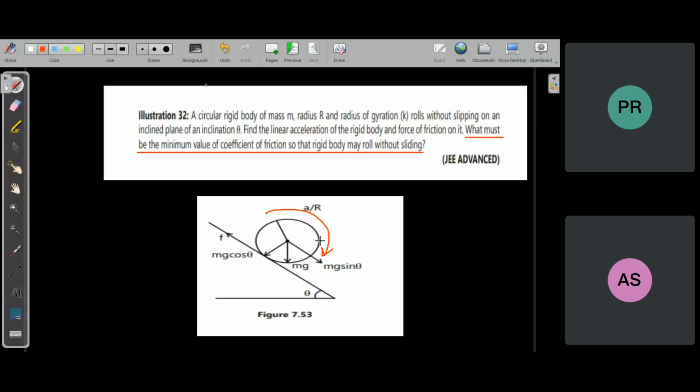We need to find the value of mu for which the body will be in pure rolling.